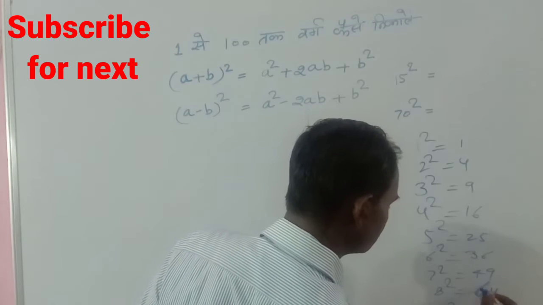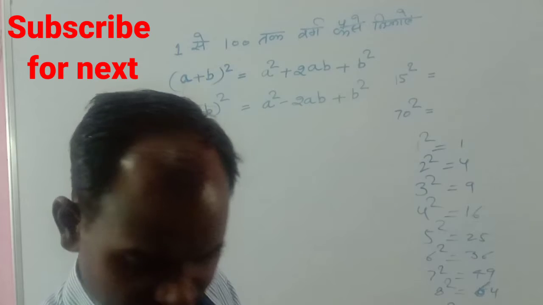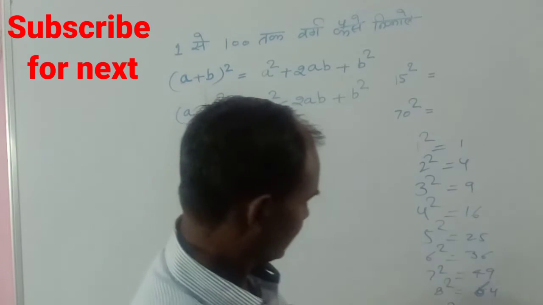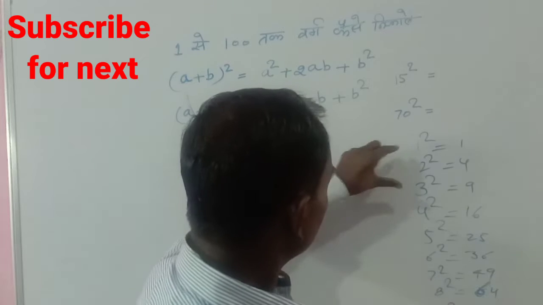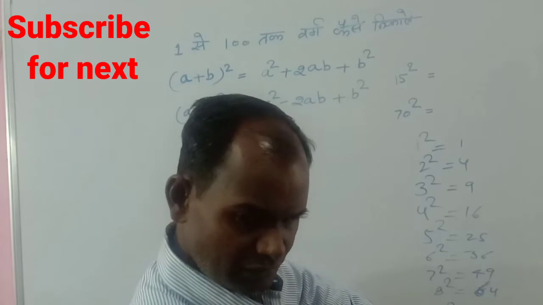Sorry, 9 is not coming in the camera. So 9 square is 81. You must know up to 9 square.